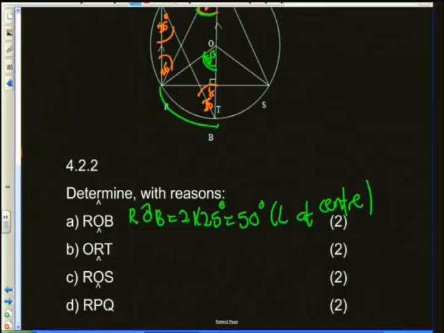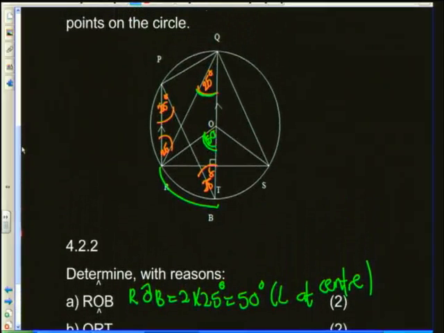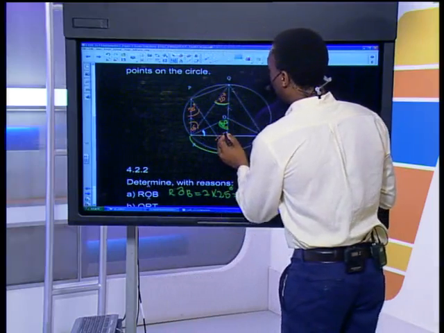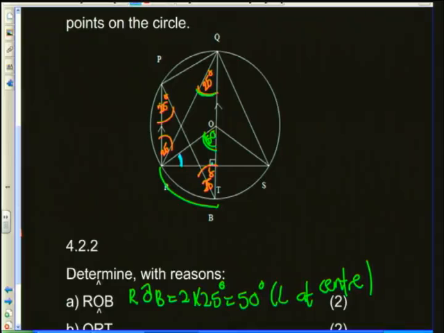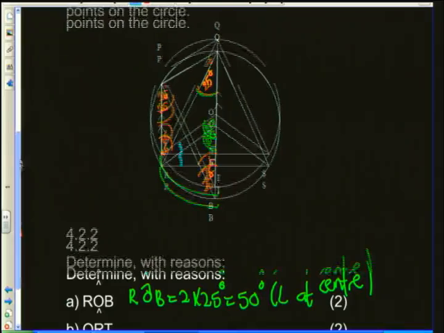Right. ORT, where would that one be? Let's use a different color there. How about blue? ORT would be that angle there. They want to know how big it is. And I hope the answer has just jumped out at you. That is a right-angled triangle. That's 90 degrees, that's 50, and we can easily work out ORT.